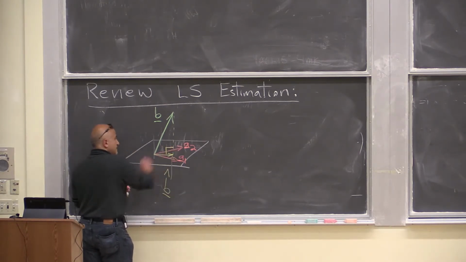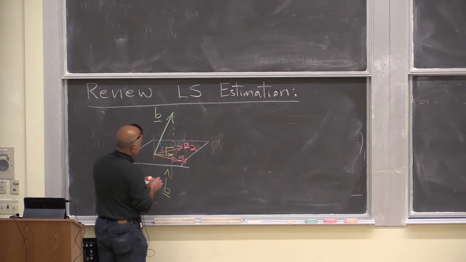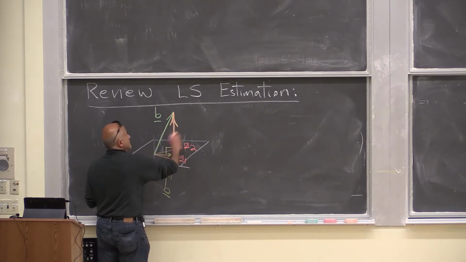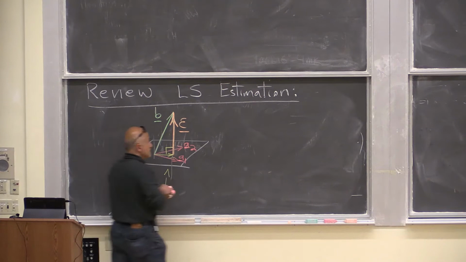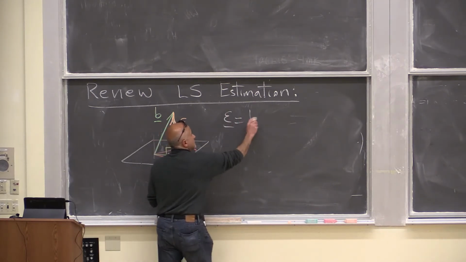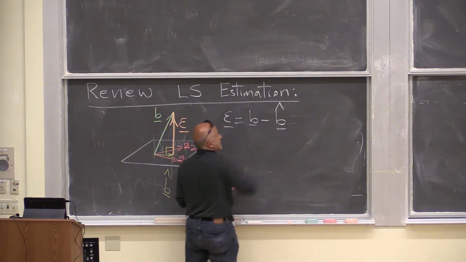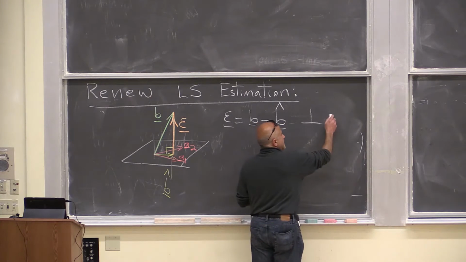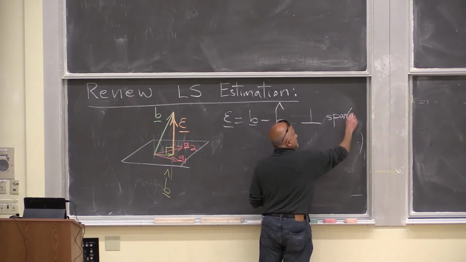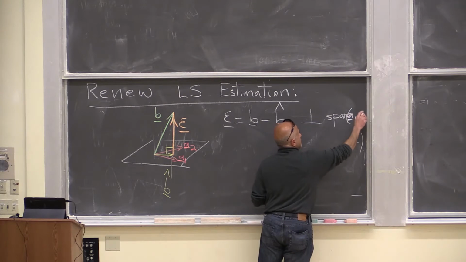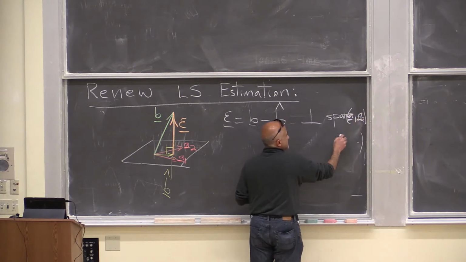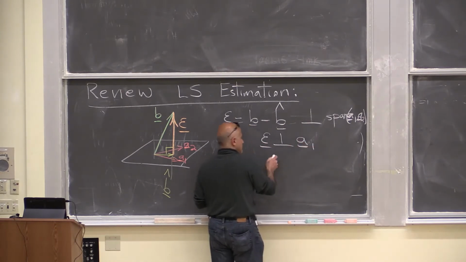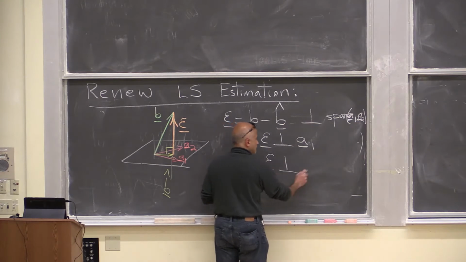And it had the property that the error vector, which is given by, what color is good here? Let's do orange. The error vector, which is B minus our best estimate, is orthogonal to the span of A1 and A2, which means it's orthogonal to A1 and orthogonal to A2.